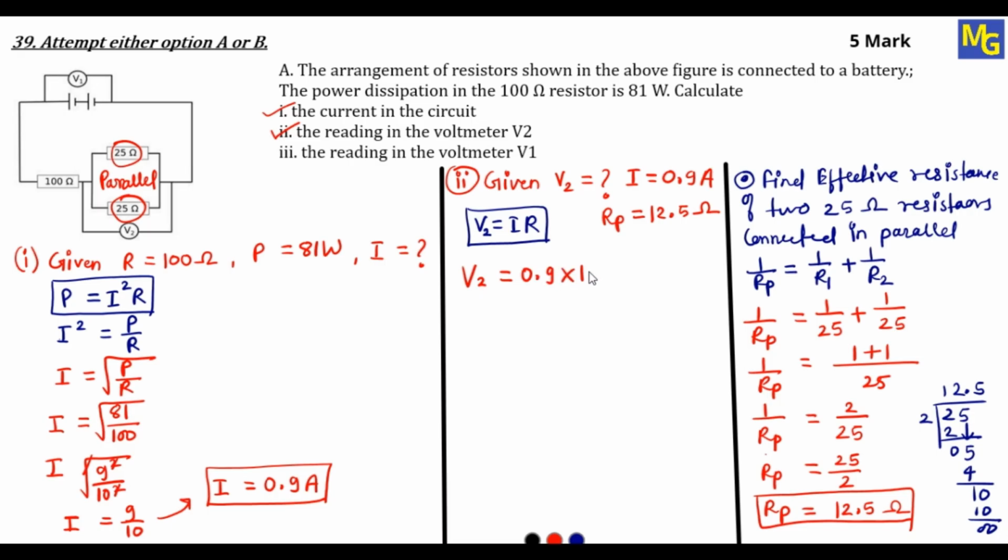Now multiply these both, and we will get the answer of V2. The V2 answer is 11.25, and because V2 means voltage, we should write the unit volt. And this is the answer for the voltmeter reading, that is V2.